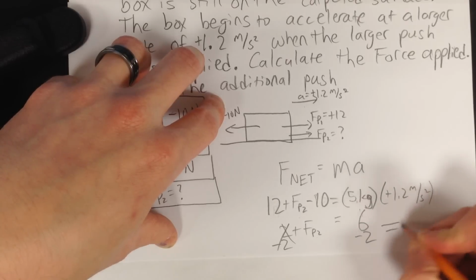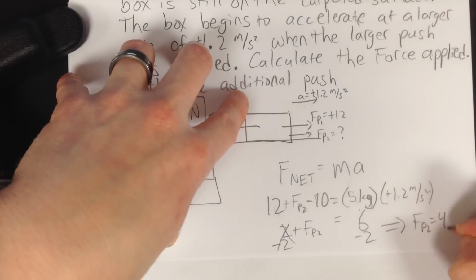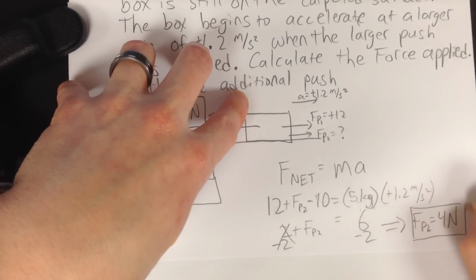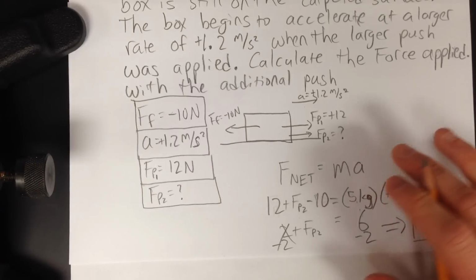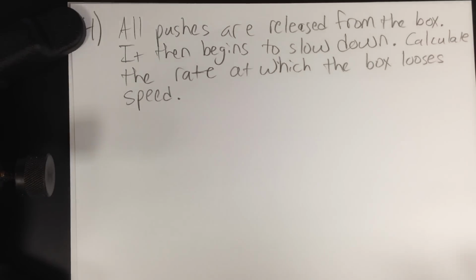So FP2 equals 4 newtons. So that's how to solve for an unknown force. Now you could do that, not just calculate acceleration, but solve for FP something.